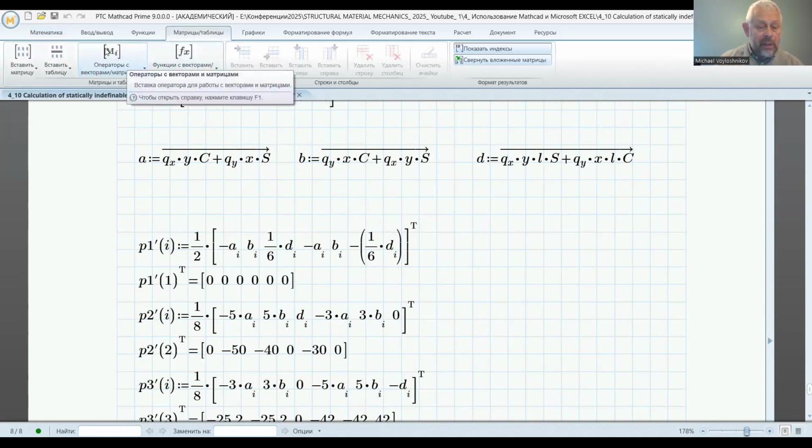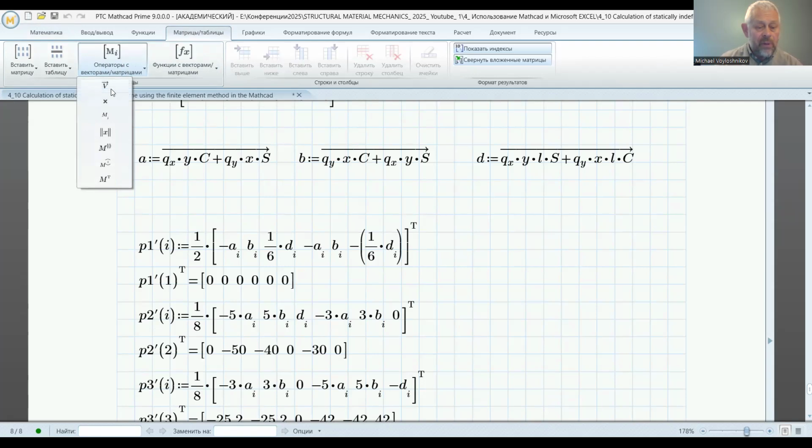We can find in the matrix panel the first option, vectorization. Vectorization we did, and then Mathcad considers the symbol A as a vector. So we use it as a vector dependent on the number I of the finite element, etc.